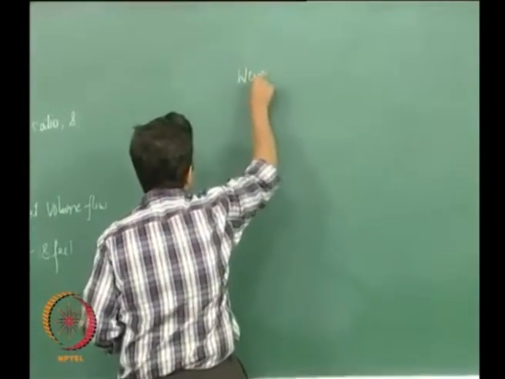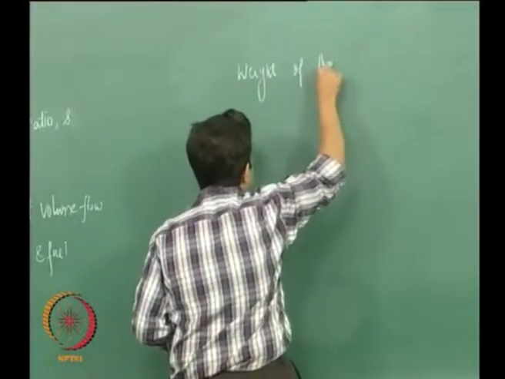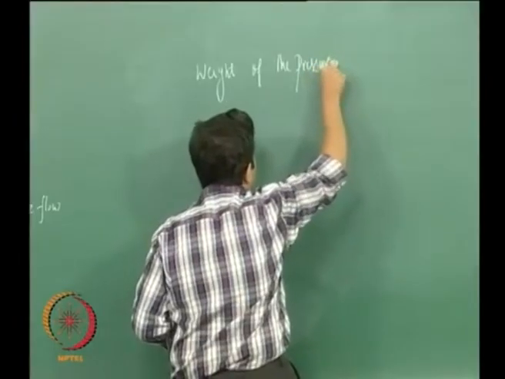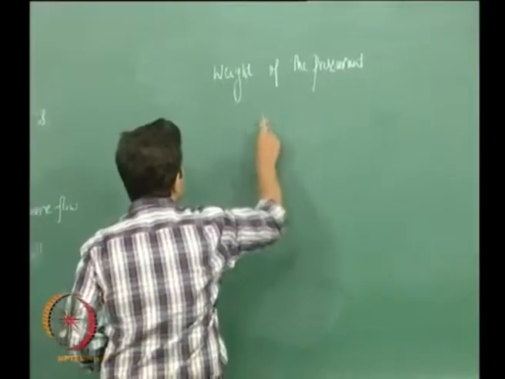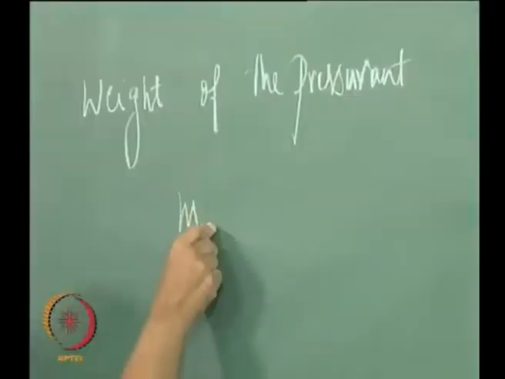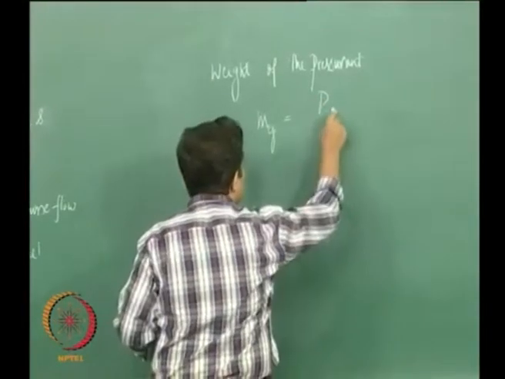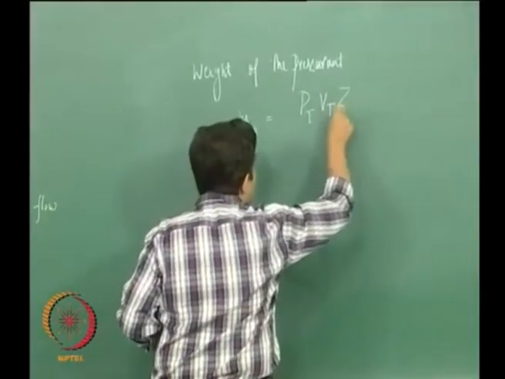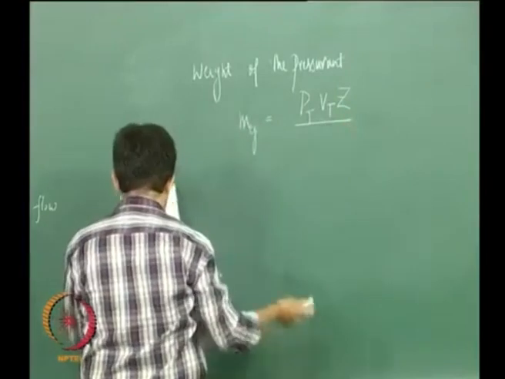the weight of the pressurant would be mg is equal to, this is given by the ideal gas law, multiplied by a compressibility factor.